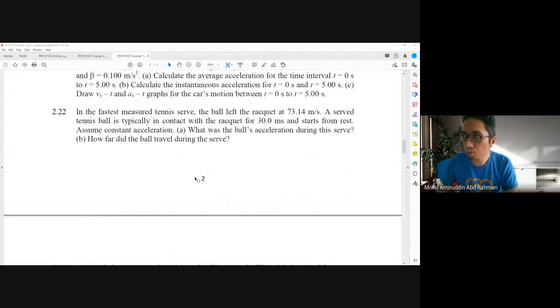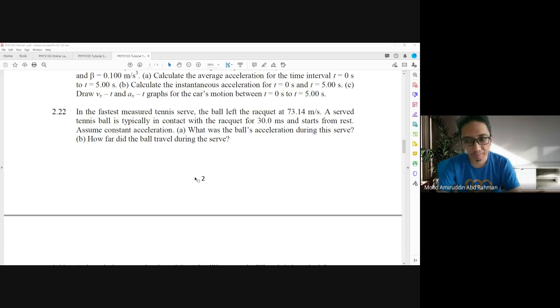Okay, for 2.22, I will also give you the answer. For A, the ball's acceleration during the serve is 2440 meters per second squared.